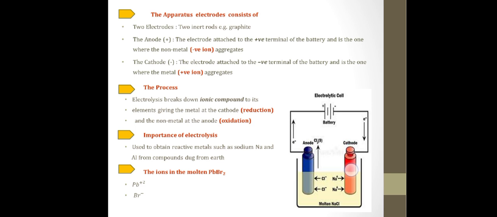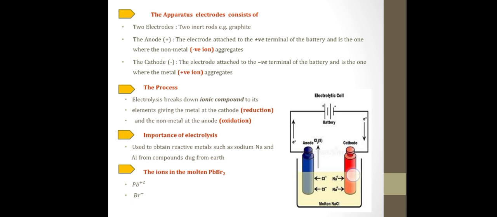In electrolysis, the ionic compound is broken into its elements, giving the metal at the cathode and the non-metal at the anode. Okay? Reduction takes place at the cathode.